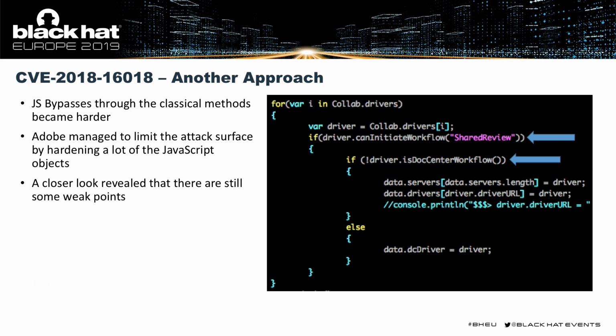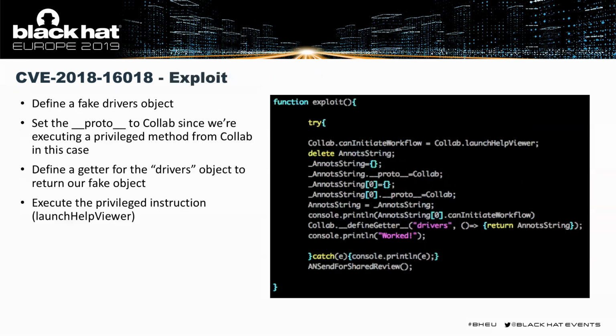That said, I went ahead and applied the same concept, which is basically to override that object with my own custom object, and set the proto to it, because I was at that time executing a privileged API from the actual collab object. So if you want to craft your own fake object, it has to have the same prototype of it. That's why I set the prototype to collab.